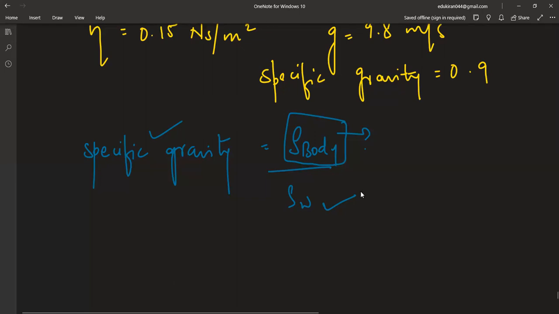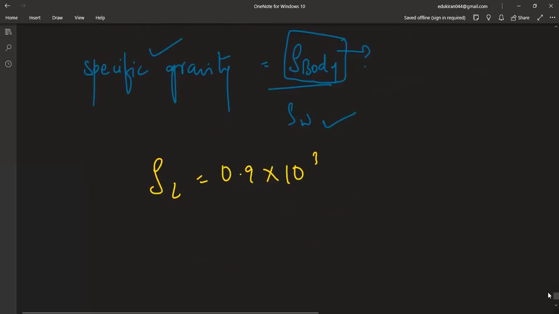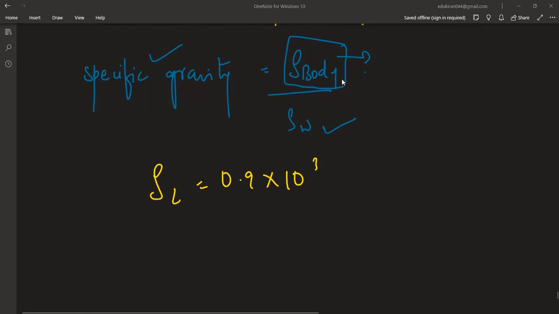Why is it mentioned? Now, the density of the liquid that wasn't given will be 0.9 into 10 to the power 3, where this is the density of water and this is 0.9. One thing, class, I'm telling you, especially, I remember Amna is going to have her exam soon.